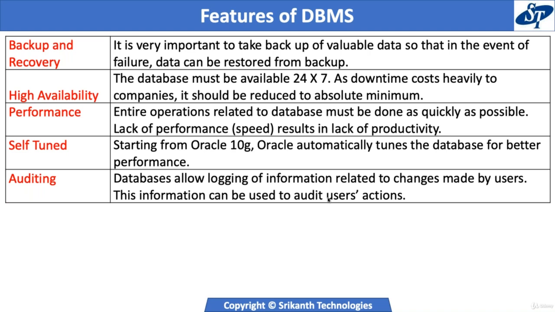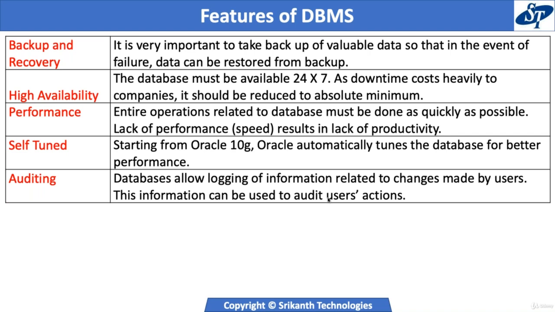Well, all this is going to be in vain if things do not run faster. So, performance is the key. The database is supposed to be accessed as quickly as possible. And if you are not able to retrieve data quickly, if you're not able to manipulate data quickly, then it's not acceptable to users.